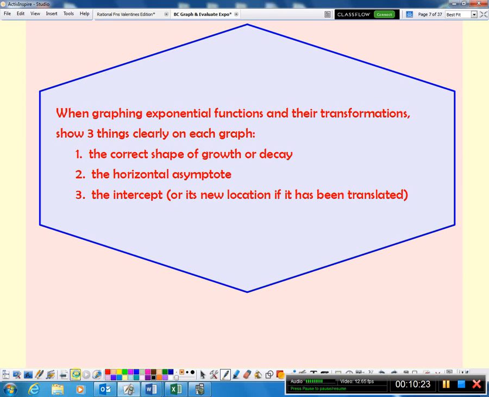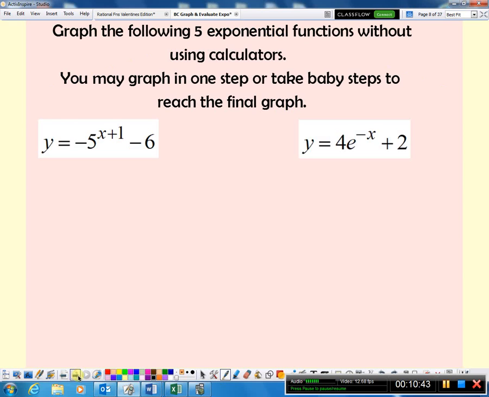I need you to add the horizontal asymptote to the graph, particularly if you've moved the graph up or down. And I need you to plot one specific point. It's the point that starts as a y-intercept, but after you move the graph up, down, left, or right, it may actually not be an intercept anymore, but that's still the point that I want specifically plotted.